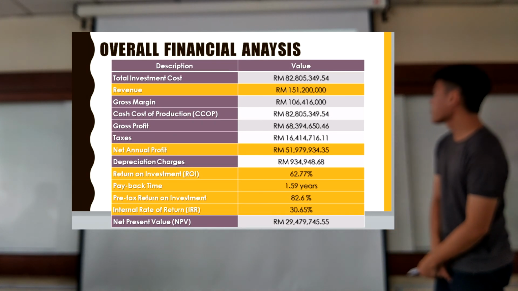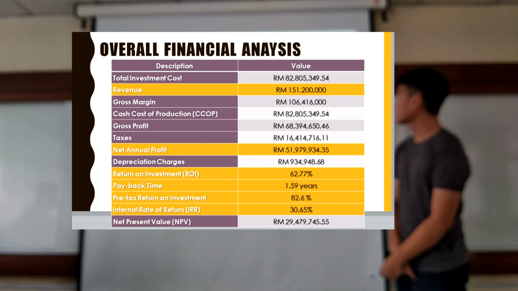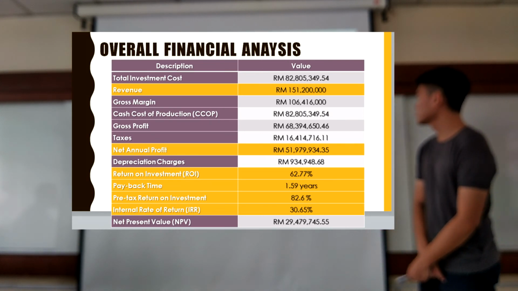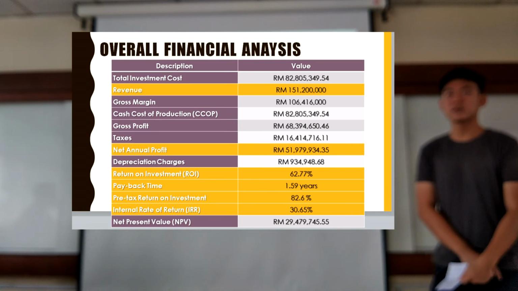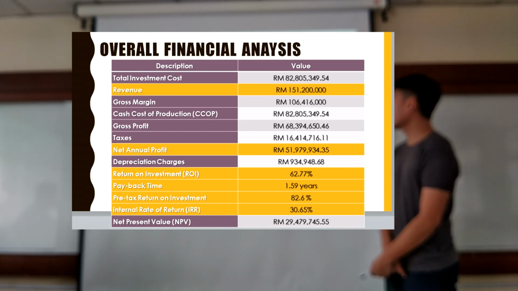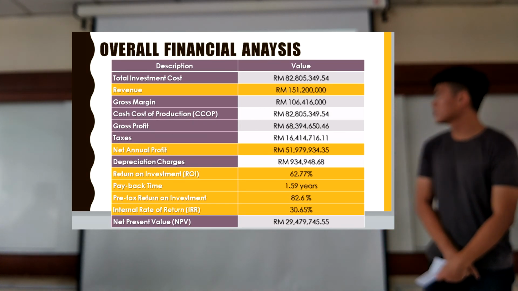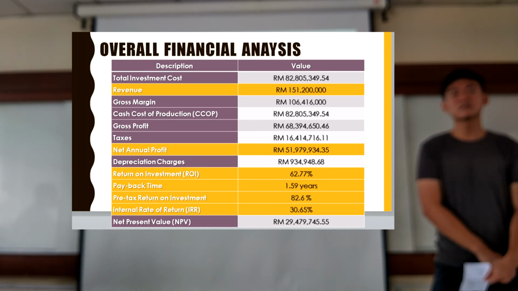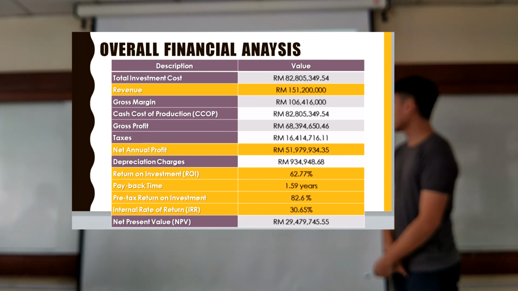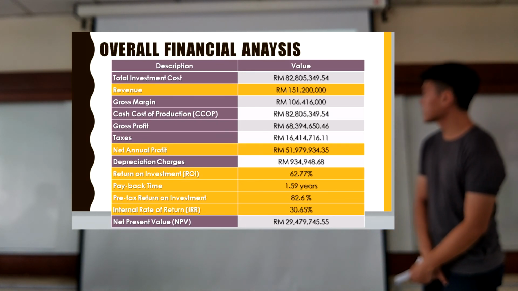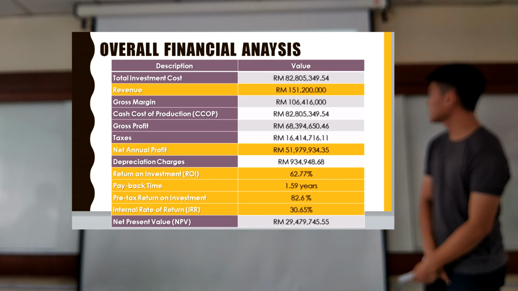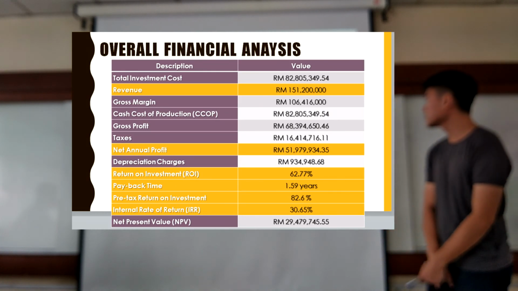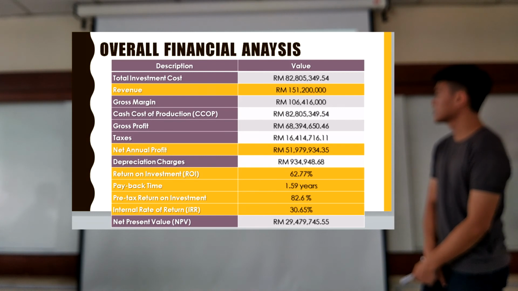For the net annual profit, we got around 51 million. The return on investment, or ROI, is 62.77%. The most important thing is the payback time: we need around 1.6 years to pay back all the costs. Then the pre-tax return on investment is 82.6%, and the internal rate of return is 30.65%.